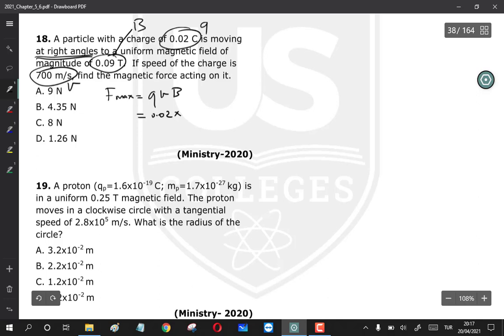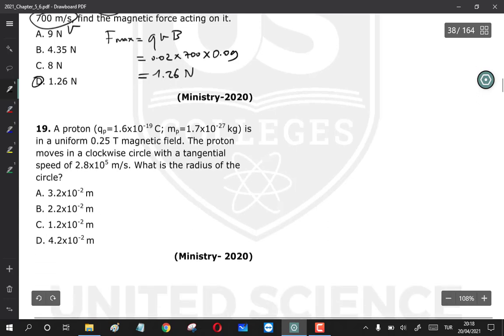V is 700 meters per second. B is 0.09 Tesla. Let's multiply them all. 0.02 times 700 times 0.09. Answer is 1.26 newtons. Okay, this is the answer.